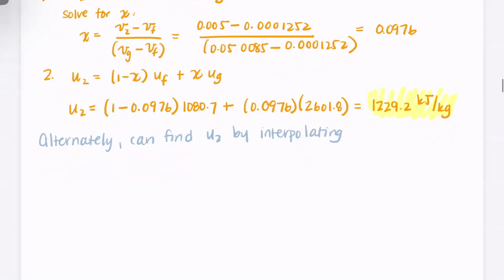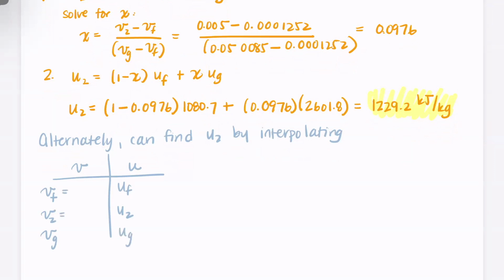How we're going to do this is we're going to make our table, and we have V and we have U. We're going to have VF, V, and VG, and then UF, U2, and UG.